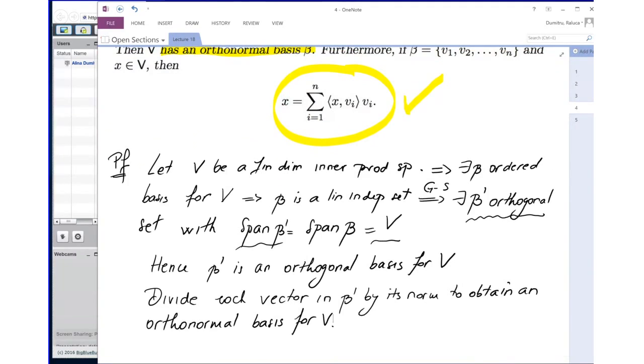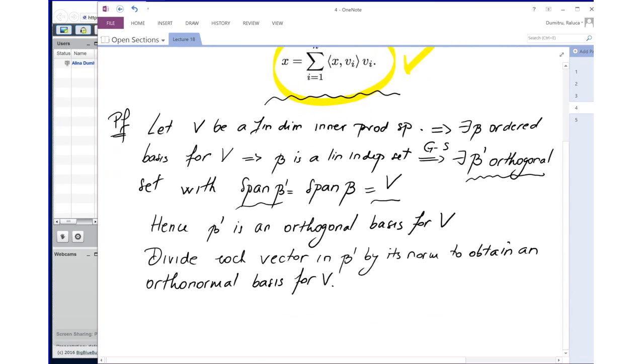All right, and again, as I said, if you have an orthonormal basis, it's very easy to express every vector in V as a linear combination of the vectors in the orthonormal basis. Just by doing this, every coefficient is the inner product between x and Vi.